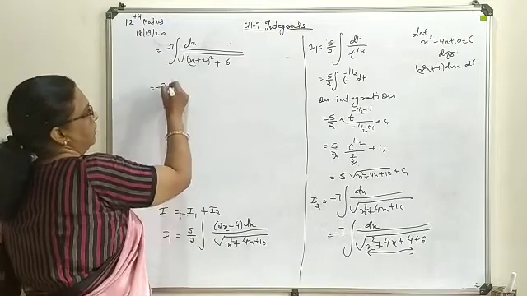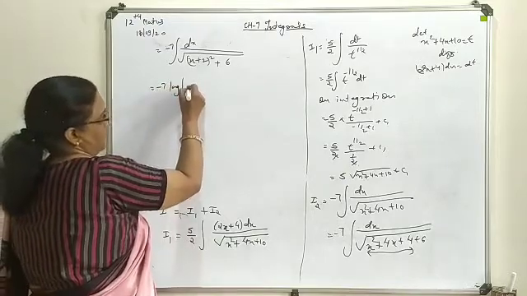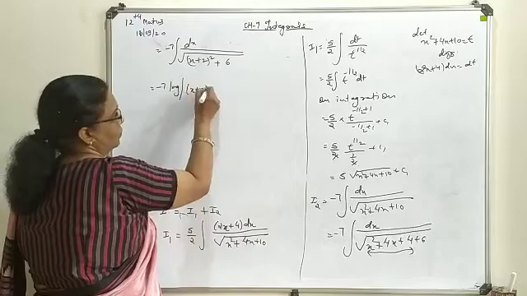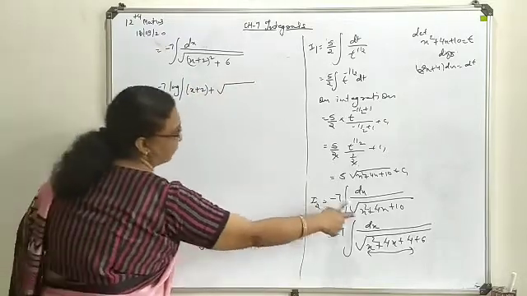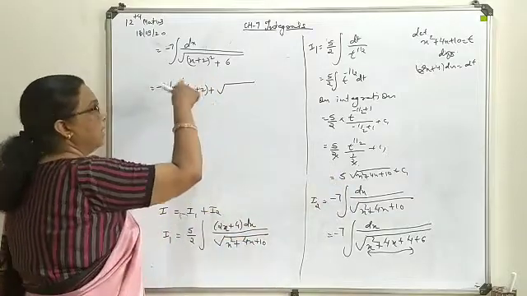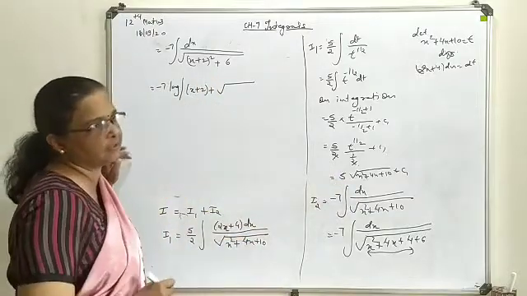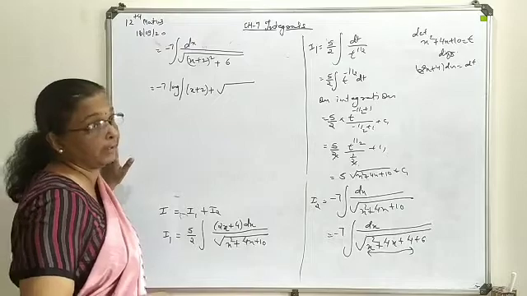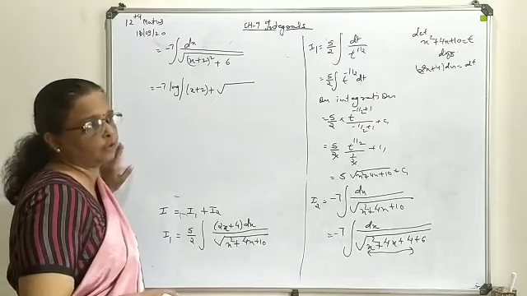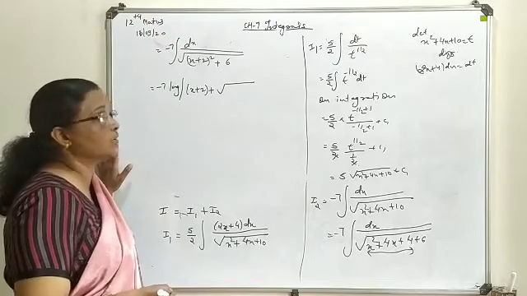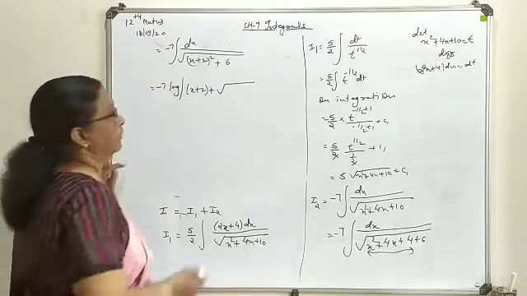This is minus 7 log of x plus 2 plus under root of the quotient itself. In place of the quotient you can write this form or this form, both. Formation of the perfect square is necessary because it will give you the idea which formula you are going to implement here. Otherwise directly it is not possible to decide what your x will be.